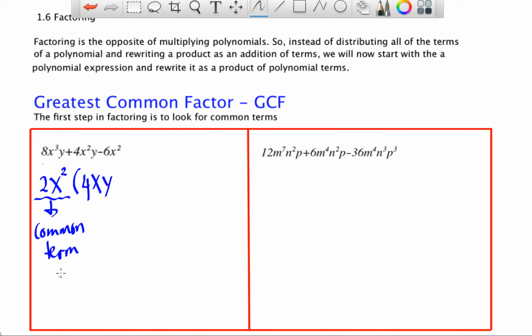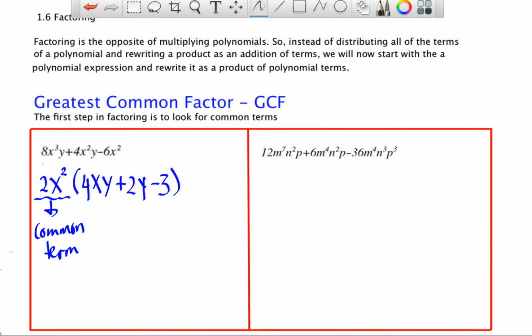So the y did not end up as the common term, so I'm going to need a y again. And then we're going to do the same thing, so plus. So 4 divided by 2 is 2. The x squared is shared, so all of x squared is out, but the y I still need. And then finally, 6 divided by 2 is 3. And notice that I just copy these symbols here. So the pluses and the minuses I just copy. And if the x squared came out, then that's it.